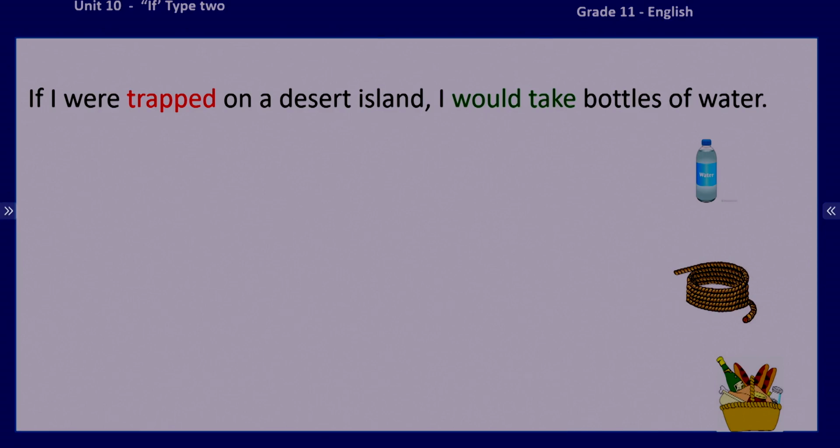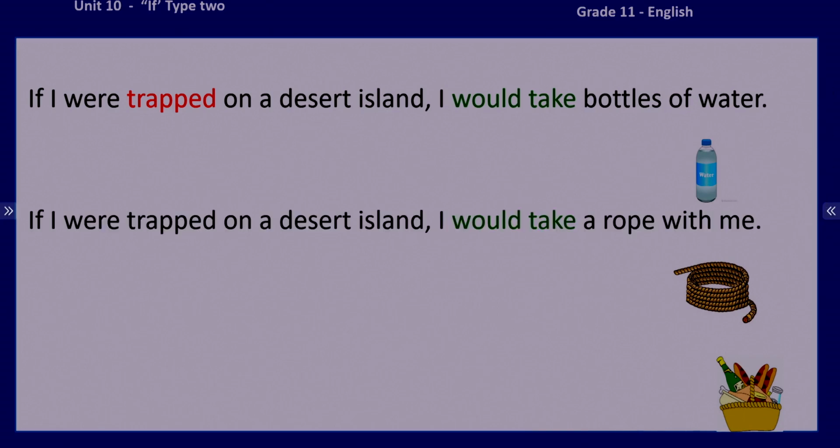Hope you are done. Let's check it out. Right, the second one. If I were trapped on a desert island, I would take a rope with me. Right, so I have taken two things from the box. And what do you think the third one? You can see the picture clearly.